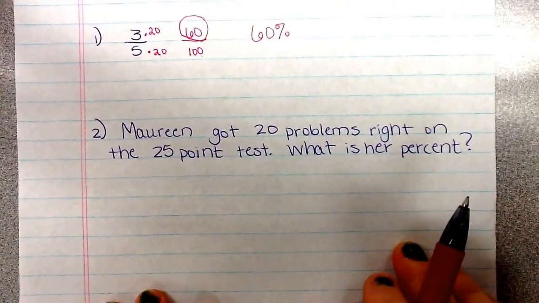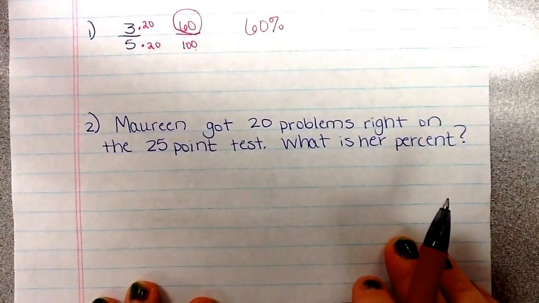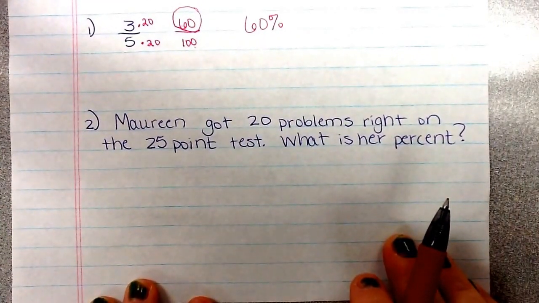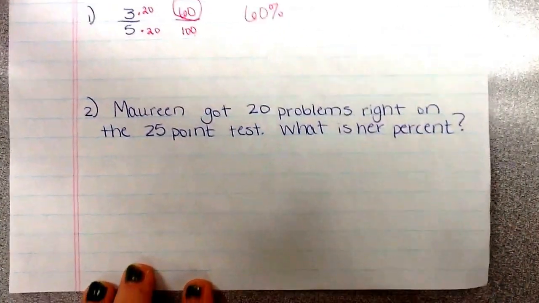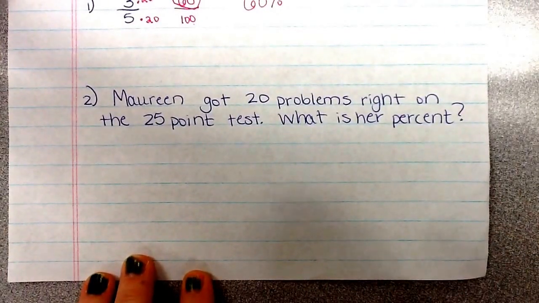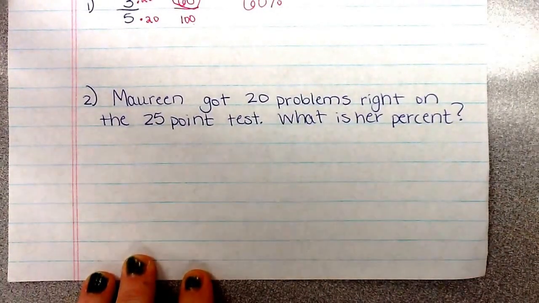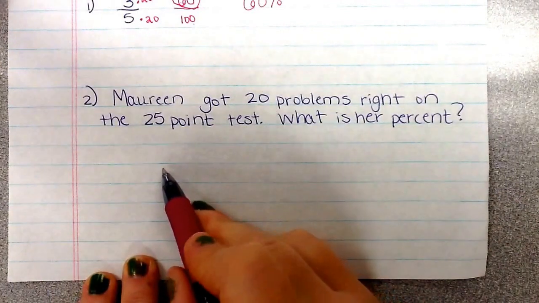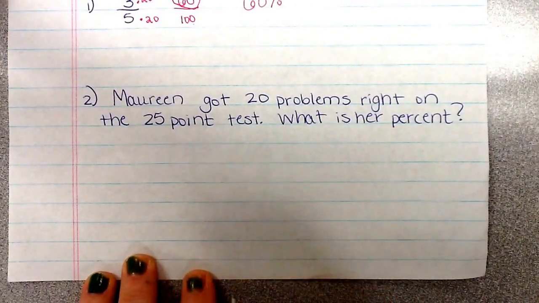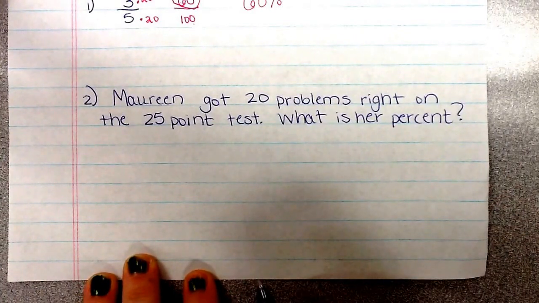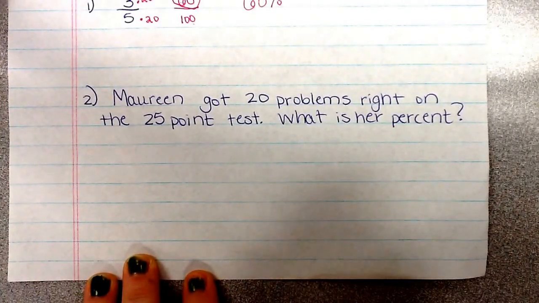Take a look at this last one. Maureen got 20 problems right on the 25-point test. What is her percent? Okay. So let's think about what this would look like if you were to get this back. What would the top of your test look like? She got 20 problems right out of the 25 possible. So if you were to write this as a fraction, what would that look like?